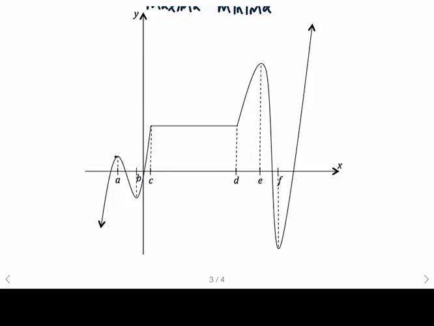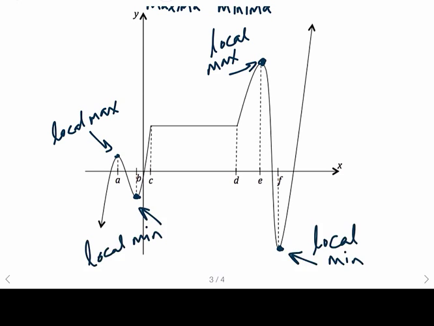So at a, I have a local maximum. There's a peak there. At e, I have a local maximum. There's a peak there. And then I have a local minimum at b and a local minimum at f. Intuitively, it should make sense.